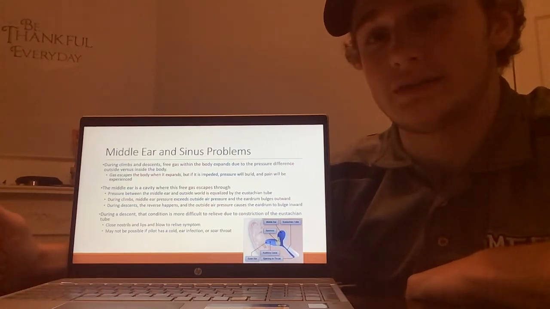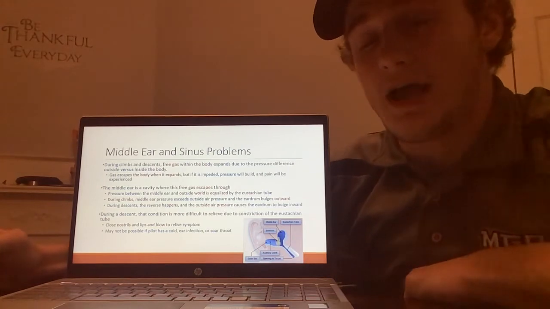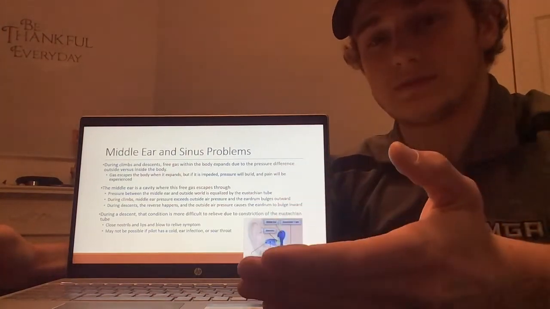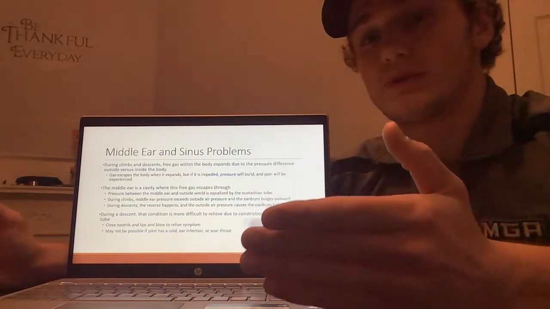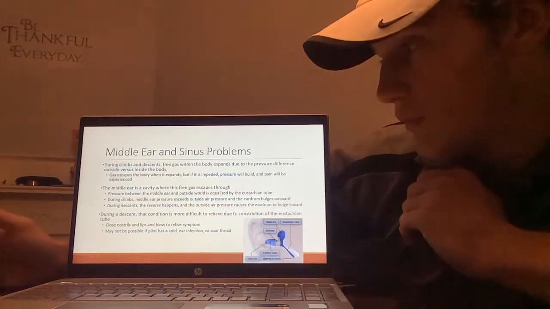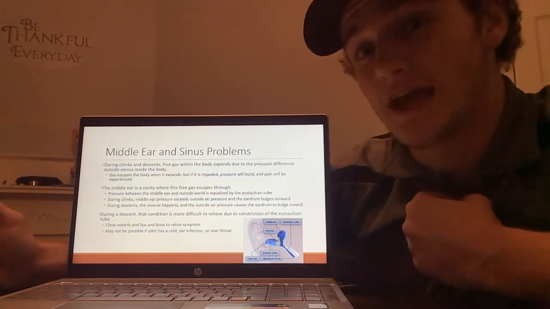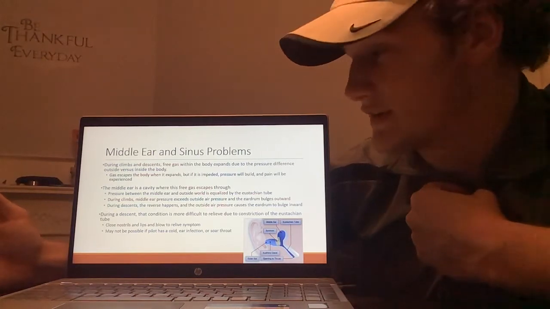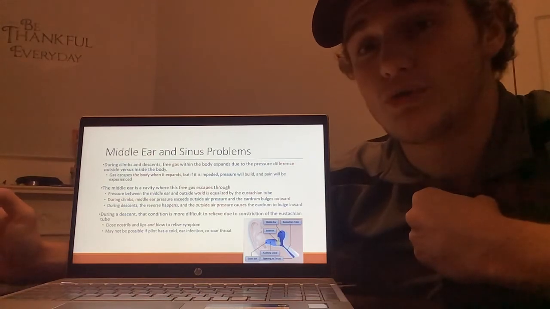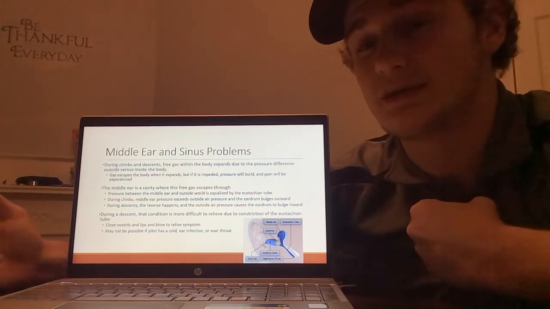During a climb or descent, say you're in a climb, the pressure outside of your body is going to decrease with altitude, so the pressure is going to want to equalize. When this happens, your gases escape the body through these cavities, like your middle ear and sinuses, but if it's impeded, it'll cause a lot of pain in the area that it is being impeded.